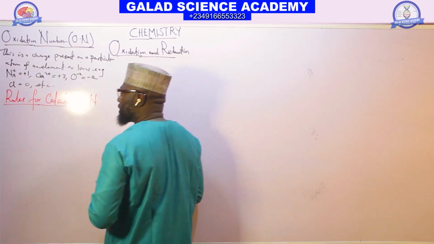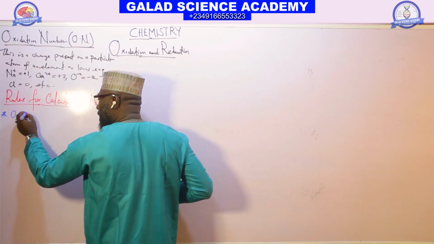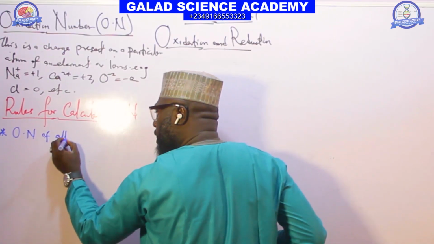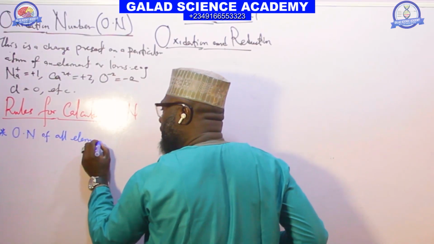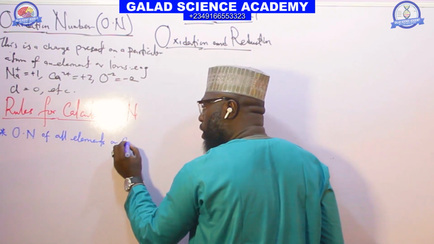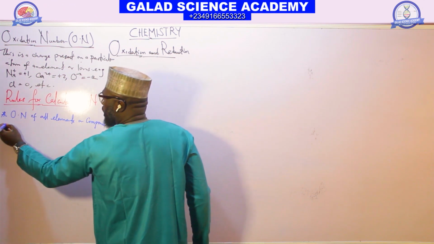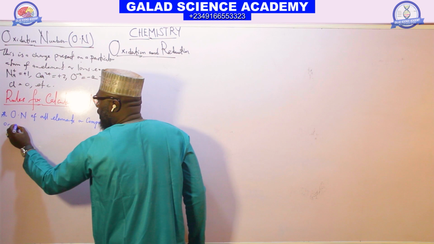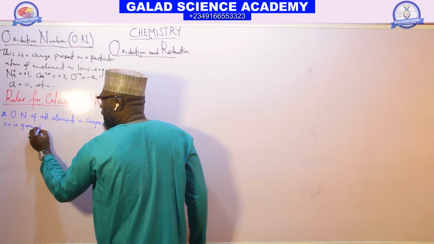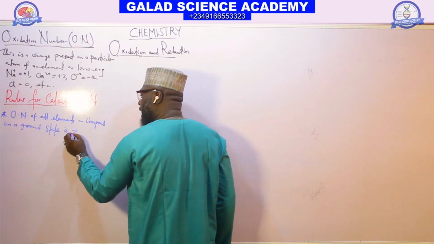So let us look at the rules. The first one says that the oxidation number of all elements or compounds on a ground state is 0.